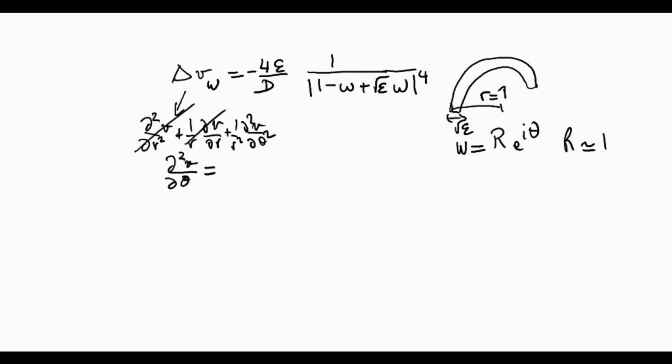So we have now d2v d theta square equals minus 4 epsilon d times 1 divided by (1 minus exponential i theta plus square root of epsilon i theta) to the power 4.